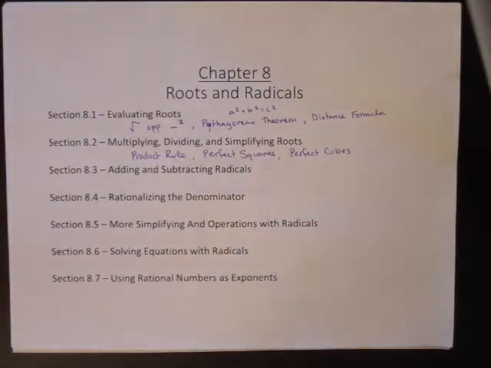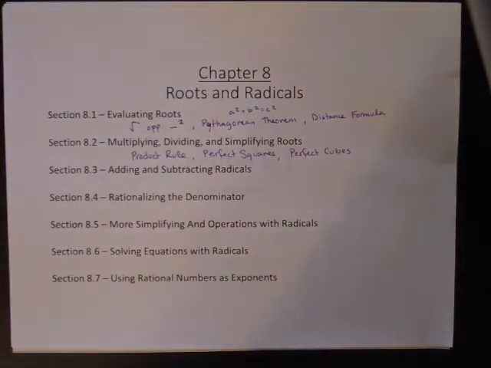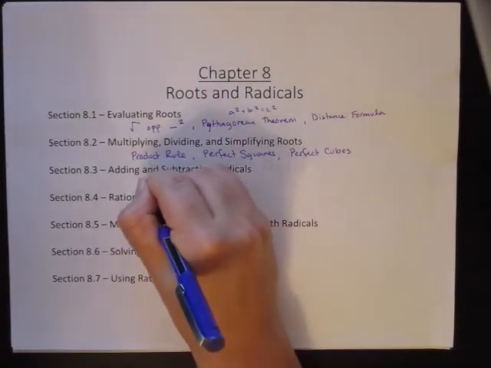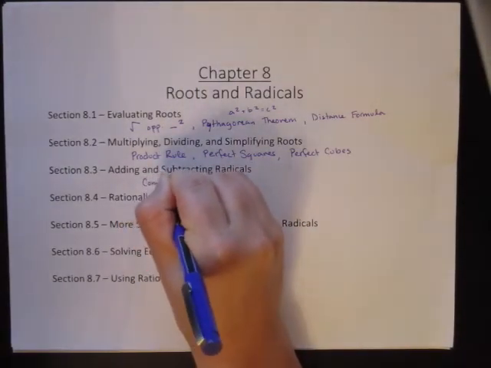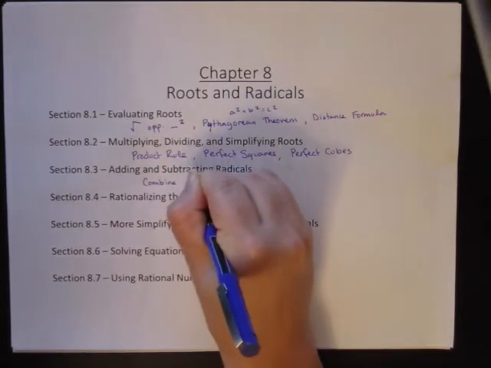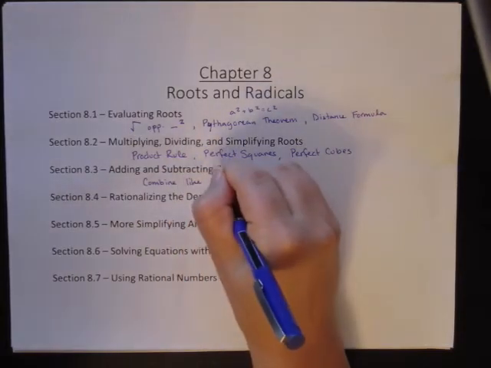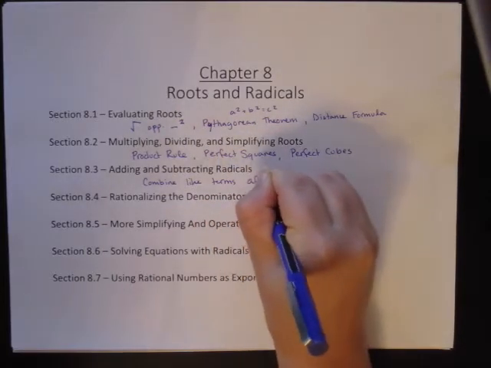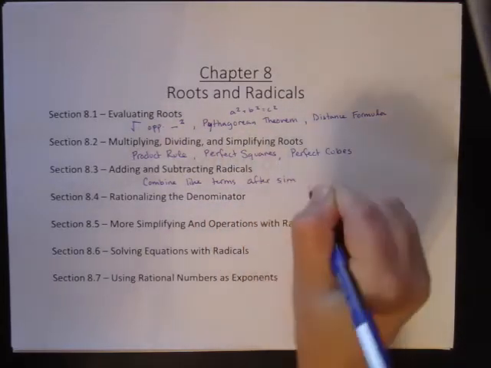Okay, which you've seen in chapter 6, but we're going to bring them back because what we're trying to do is simplify the roots. Then we're going to add or subtract radicals. So really all you can do here is combine like terms after simplifying.